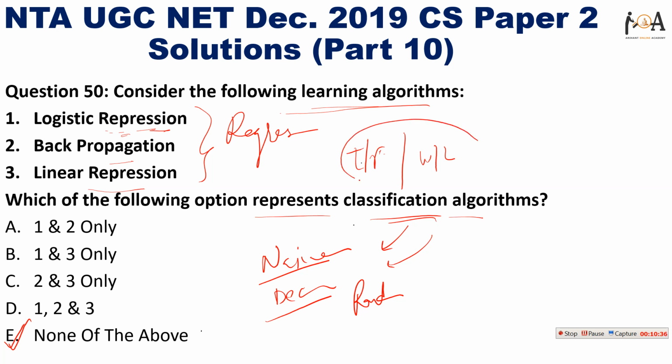They are not classification models, right? Classification algorithms are like Naive Bayes, decision tree, random forests, and many more. So I hope E is the correct answer according to the UGC NET key. And here you can also find a mistake, or I don't know, but however, you can take option E as the right answer here.